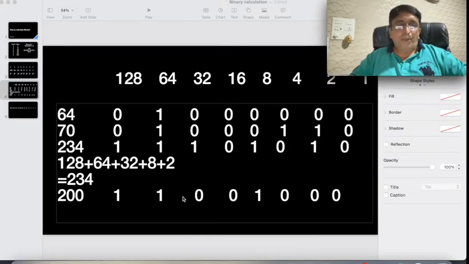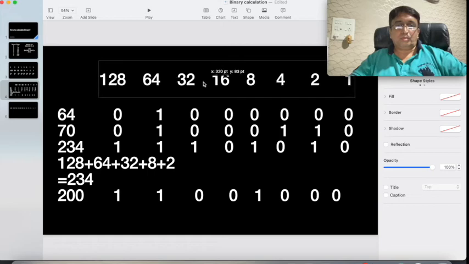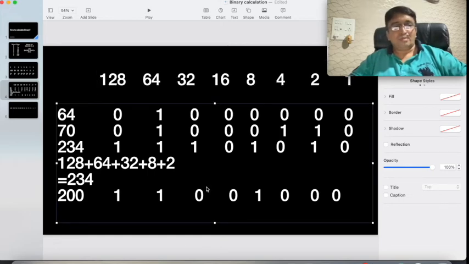So together the binary of 200 will be 1100 1000. So that is 128 plus 64 plus 8. I hope you have got this logic. What you are supposed to do is take the decimal number and switch on the bits so that the addition comes to that decimal number.